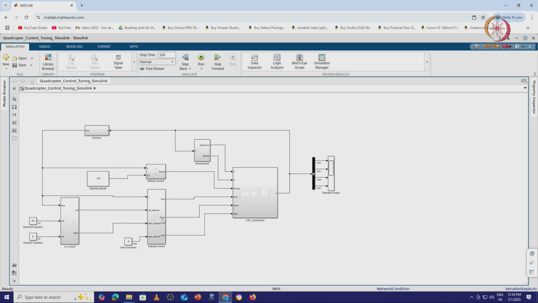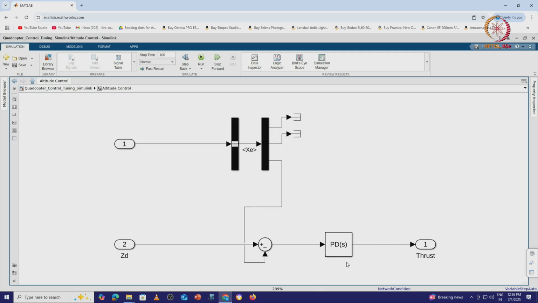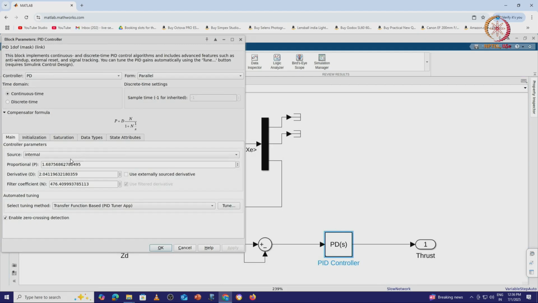I can look at the altitude control. I can change my PD gains. Right? I have kept a proportional gain and derivative gain. I can change them the way I want such that the response characteristics can be controlled.